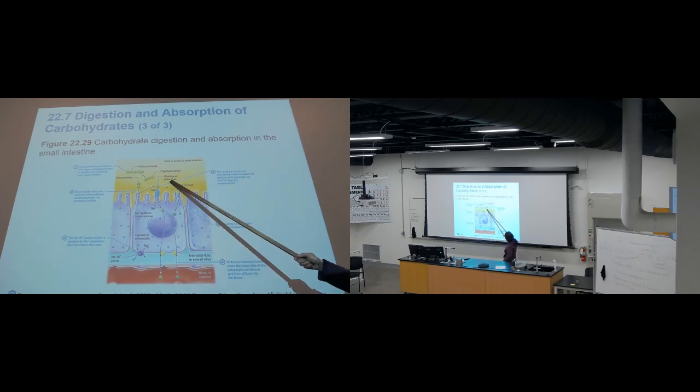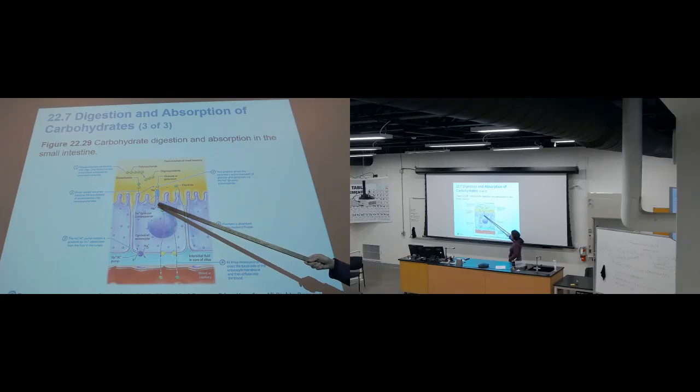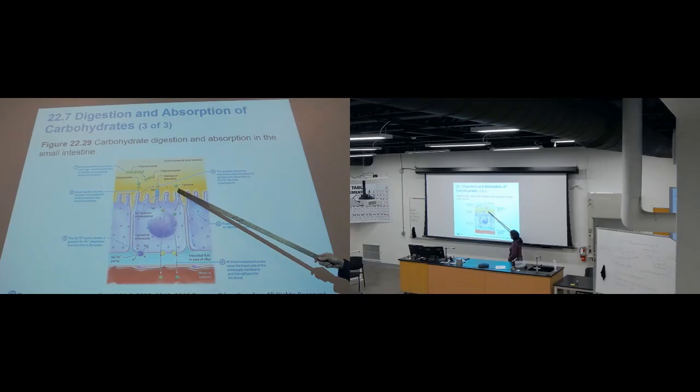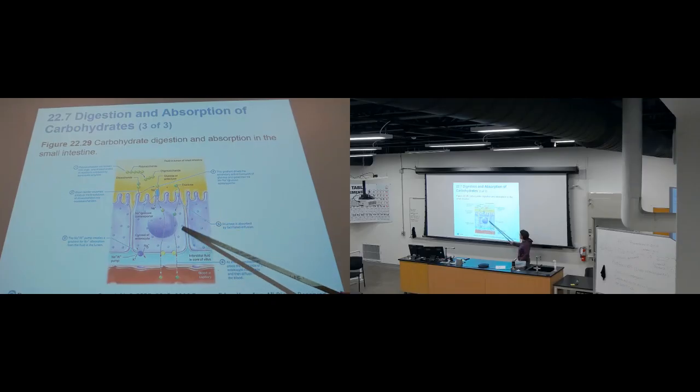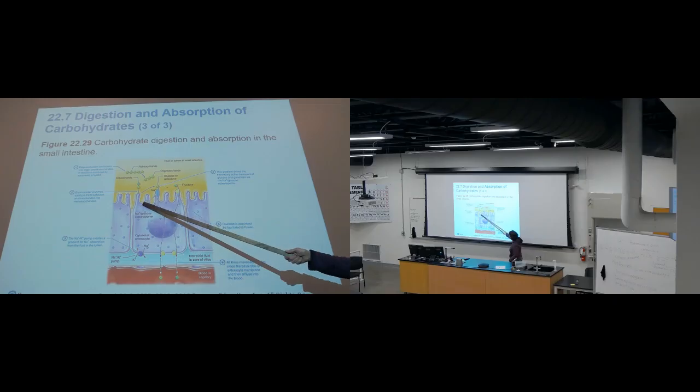So then for glucose and galactose, they will be co-transported with sodium. And then fructose will be absorbed with facilitated diffusion. So this one, you don't need to have sodium available to absorb fructose. And then that is what is happening at the microvilli.